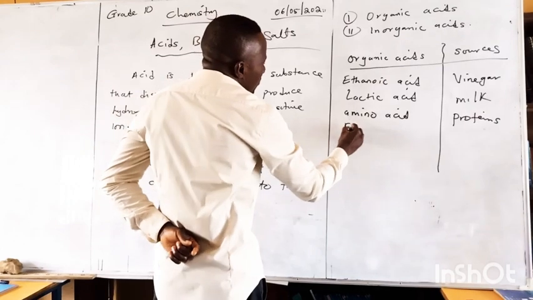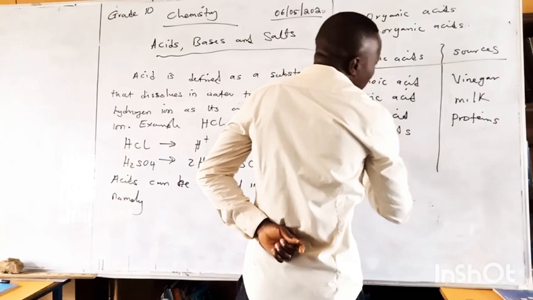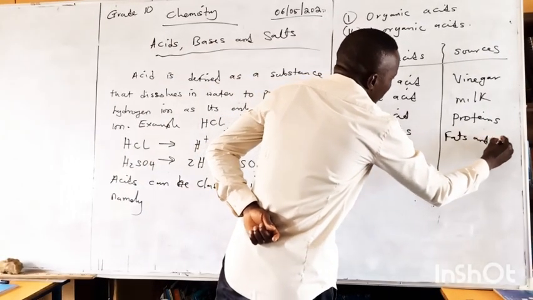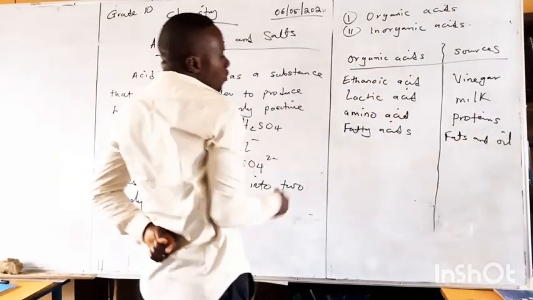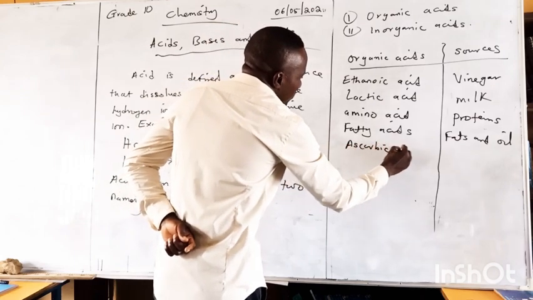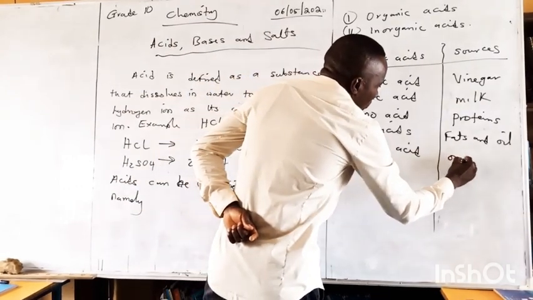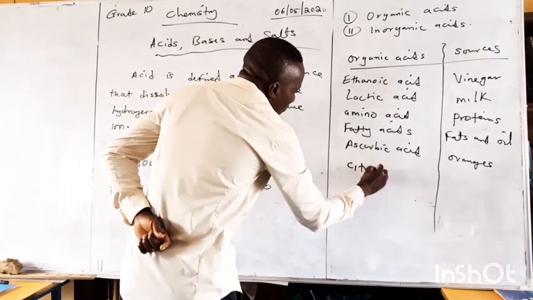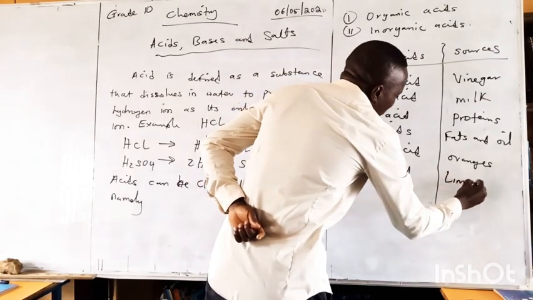We have fatty acids, gotten from fats and oil. There's another type we call ascorbic acid, gotten from oranges. We have citric acid, gotten from limes and lemon.